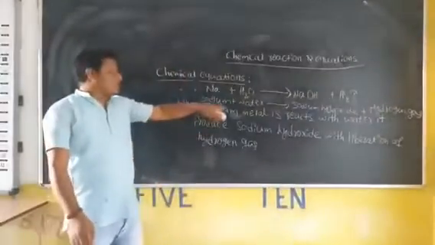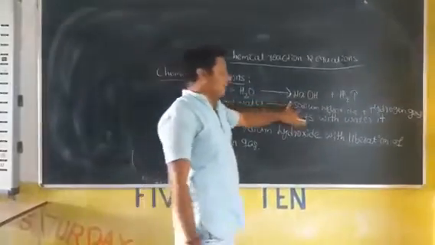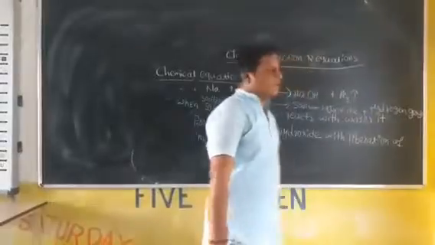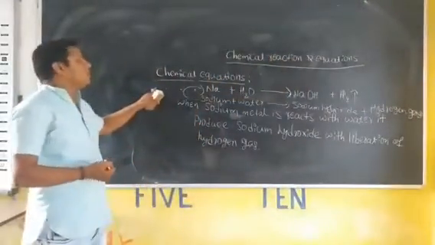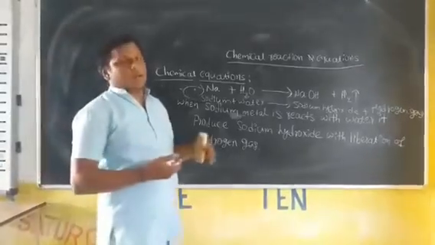Okay, this one is sodium plus water gives sodium hydroxide and hydrogen gas. Then only you convert from this to this one. This is the conversion from word equation to chemical formula.